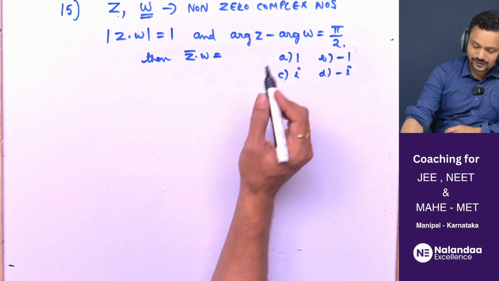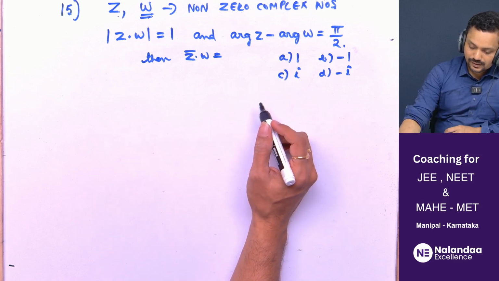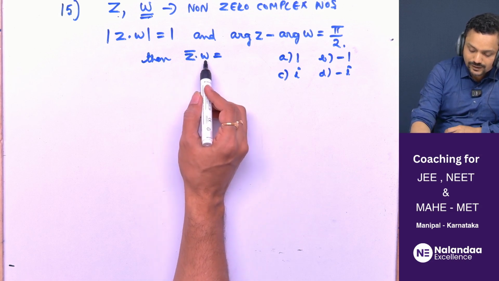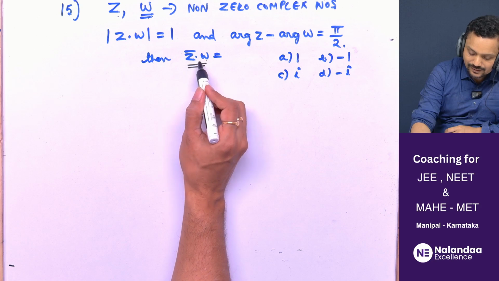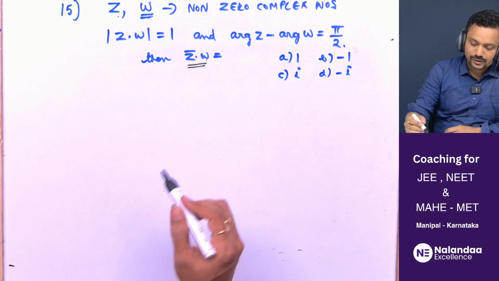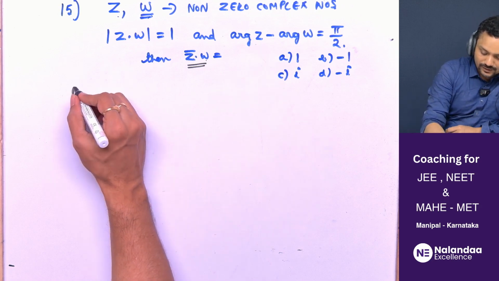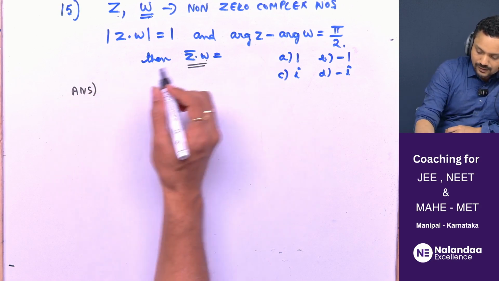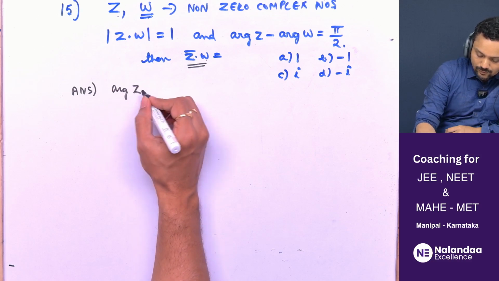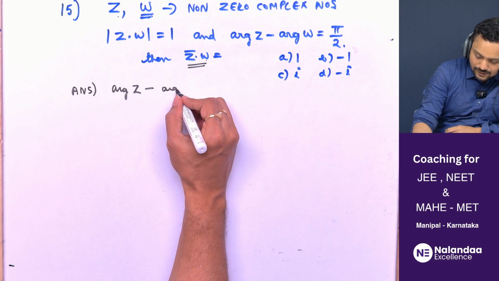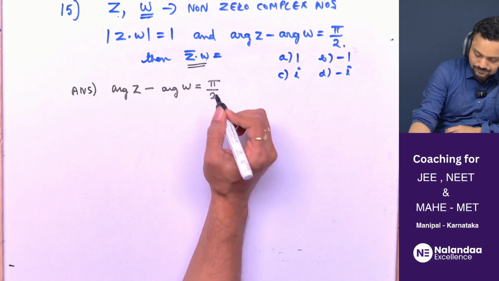No problem. So now what I will do is, students, you have to find what is z bar into omega. So that's very important. The question lies here, z bar into omega. First, they have given argument of z minus argument of omega is equal to pi by 2.